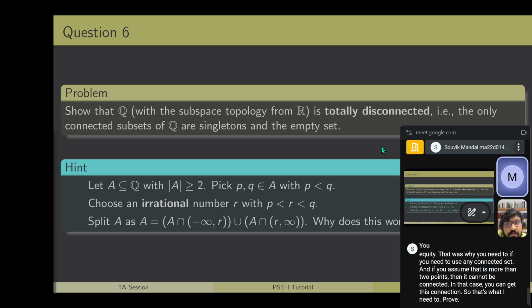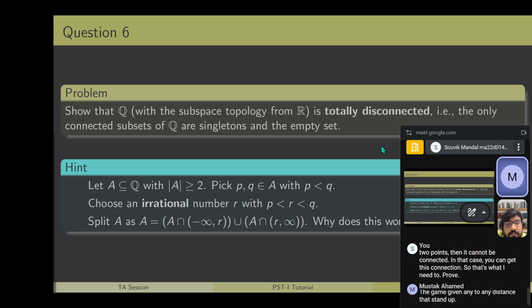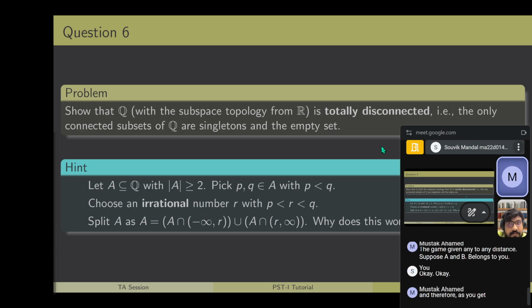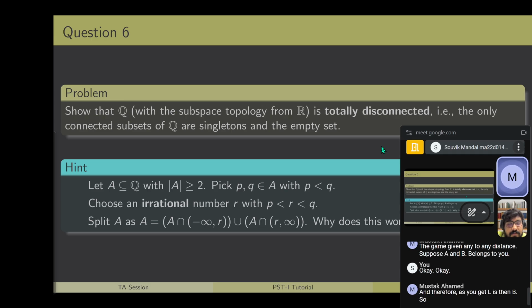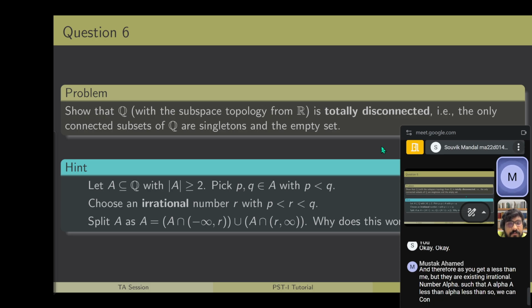Well, given any distinct rational numbers, suppose A and B belong to Q, and assume A is less than B. So there exists an irrational number alpha such that A is less than alpha is less than B. So we can construct disjoint open sets using this irrational number.